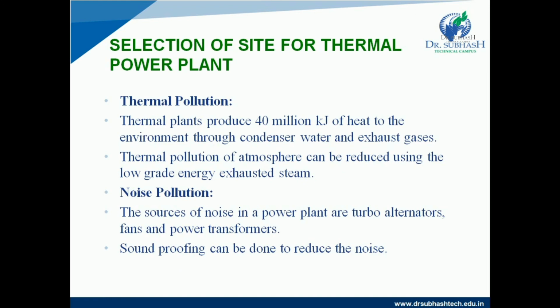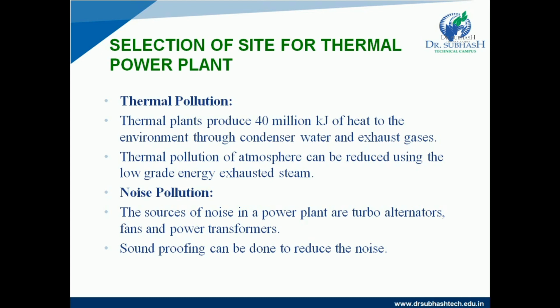Thermal pollution is also one of the important criteria for the selection of the site for the thermal power plant. Why? Because a thermal power plant releases 40 million kilojoules of heat to the environment through condenser water and exhaust gases. Understand or not?